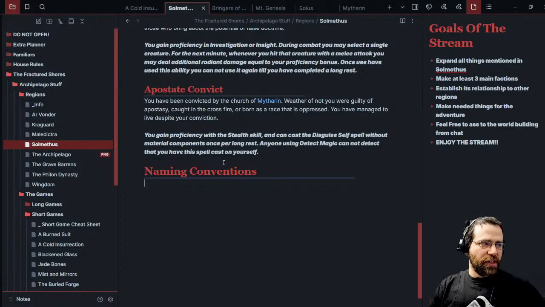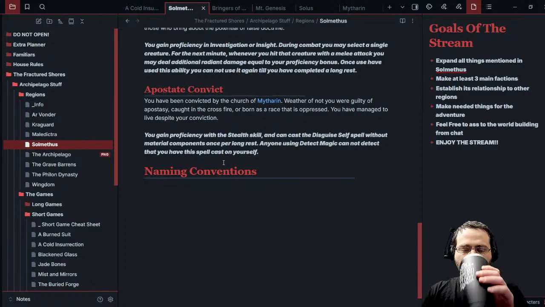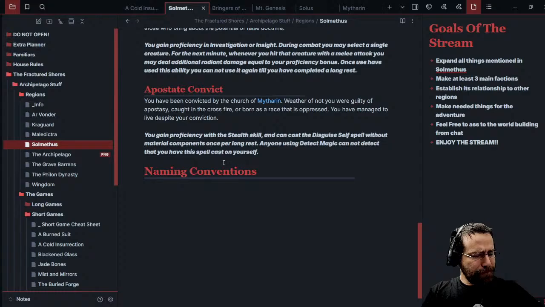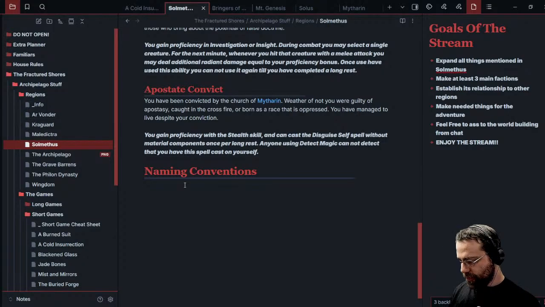So very heavily religious, very highly influential in all of Europe. Right now I'm just deciding on a naming convention for it, and I've decided I'm gonna use Romanian as the base language. That is part of the church.